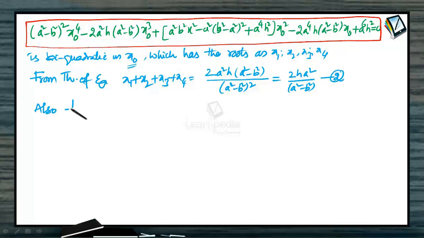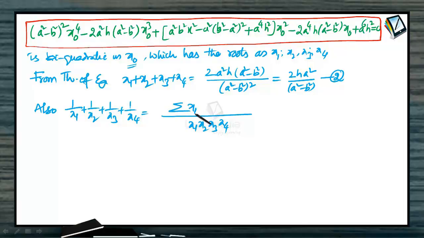And also 1 by x1 plus 1 by x2 plus 1 by x3 plus 1 by x4. If you simplify, the LCM is x1 x2 x3 x4, and here this becomes x2 x3 x4, this becomes x1 x3 x4, this becomes x1 x2 x4, and this becomes x1 x2 x3. So we can take sigma of x1 x2 x3, which equals s3.